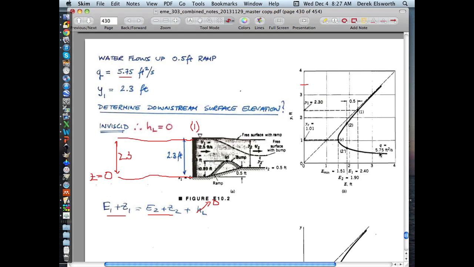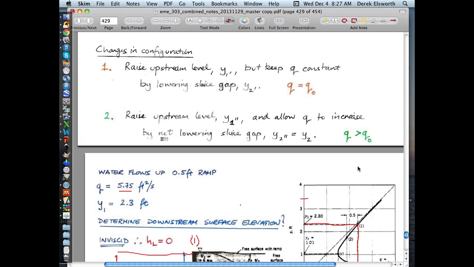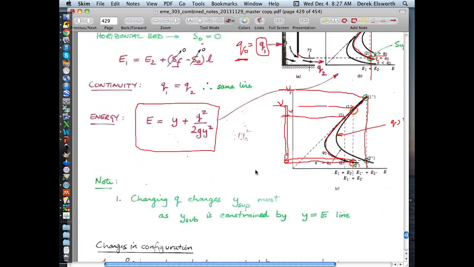And so we know that as we look upstream, the depth is 2.3 feet, and so if we take 2.3 feet and go across here, then this has to be the energy that we have at point E1 as we come down to here. So the energy at point E1 has to be 2.4. We know that. So what are the units of energy? Well, we know that we have to add apples to apples.